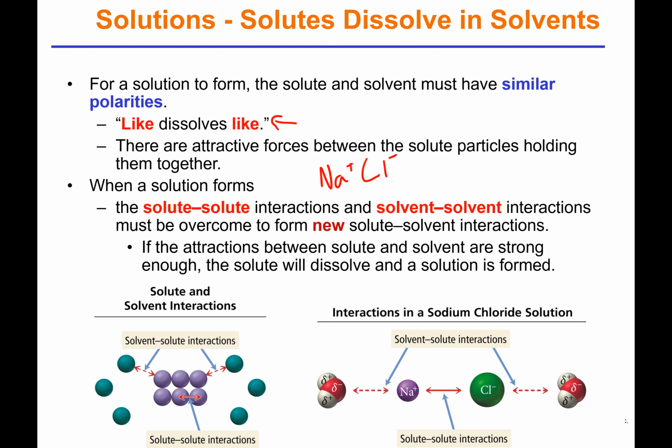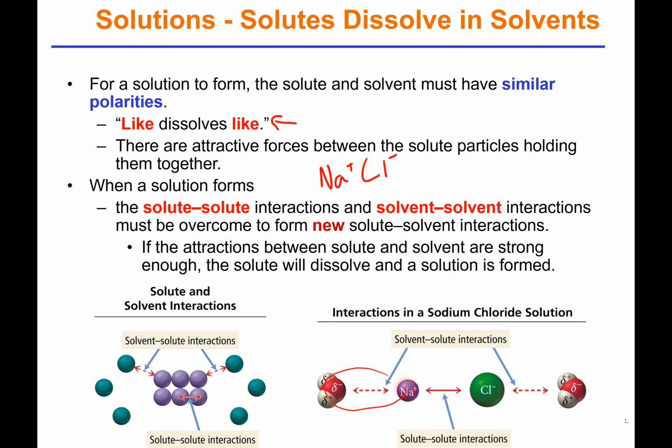So let's take a look at a real example, sodium chloride. Here we have an ionic bond between sodium and chloride, of course. And then what we get from the water, as I've been mentioning, is the partial negative of the water lining up with the positive sodium ion, and the partially positive part of water lining up with the negative chloride ion.